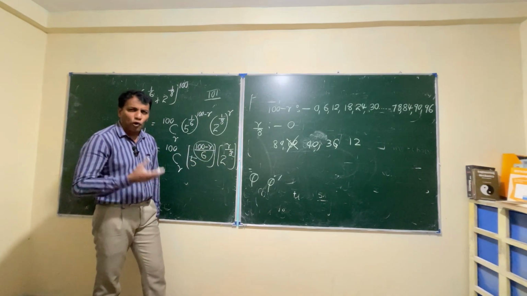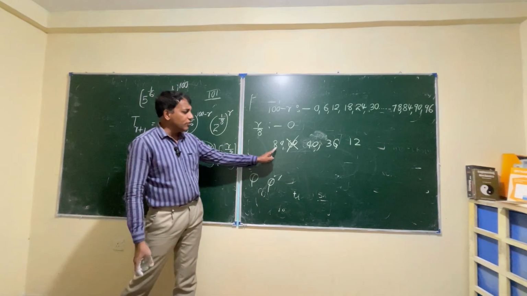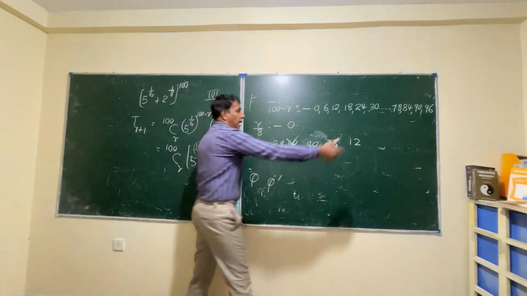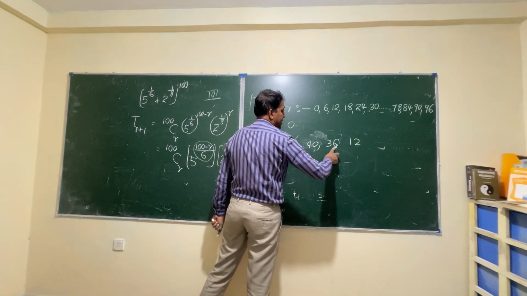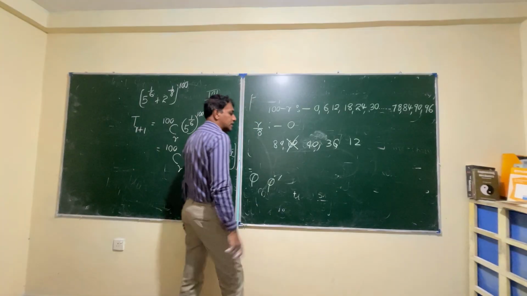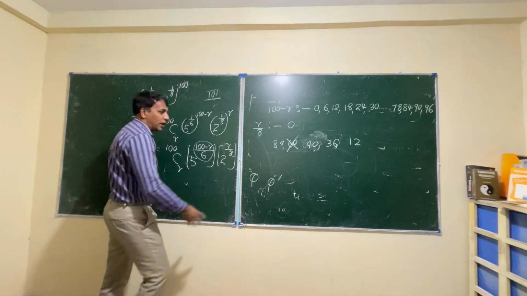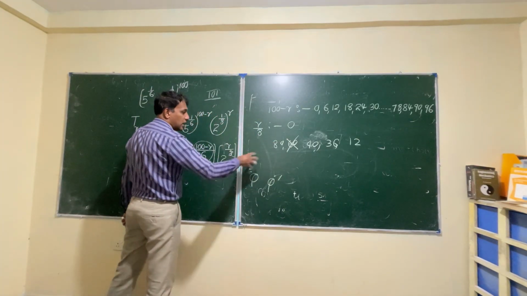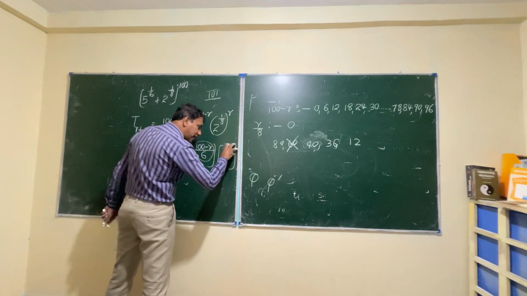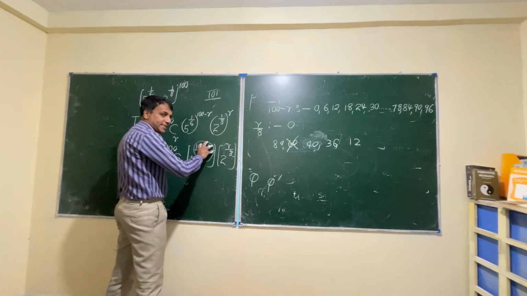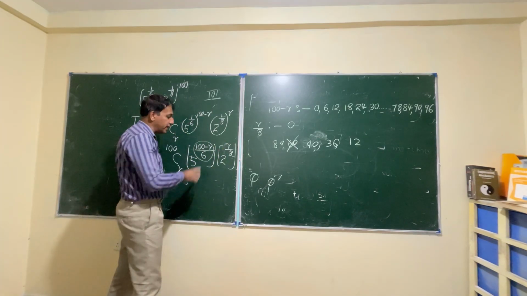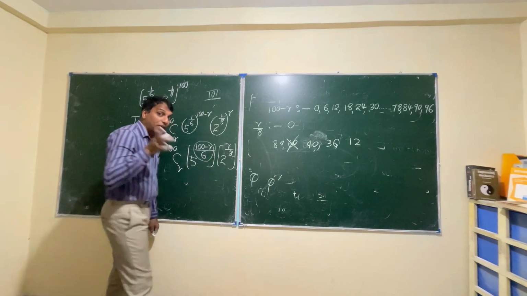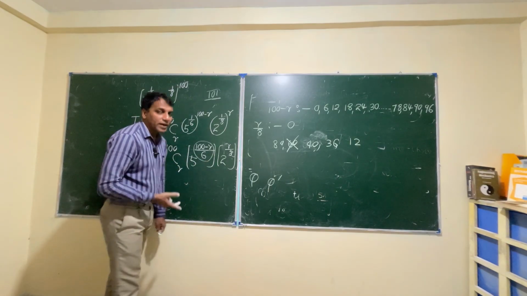What are the four rational terms? Counting from the back, the 84th term, 12th term, 36th term, 40th term. This is the value of r. If we apply divisibility by 8 and by 6, both should be divisible by 6 and 8. Those are rational, and the rest of the part is irrational.